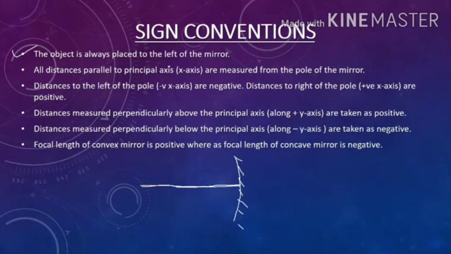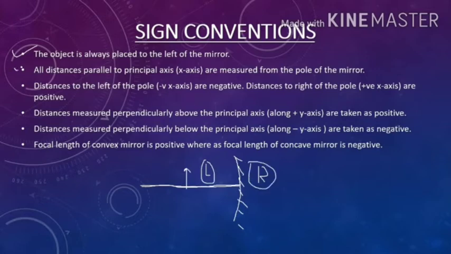The object is placed to the left of the mirror, always left of the mirror. It means if this is the mirror, then the object is always placed on this side, the left side, and this is the right. So the object is always placed at the left, not at the right.